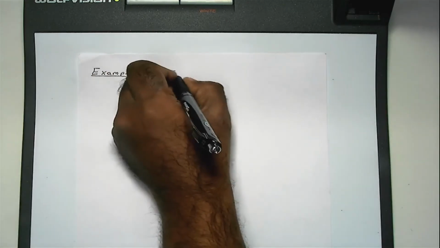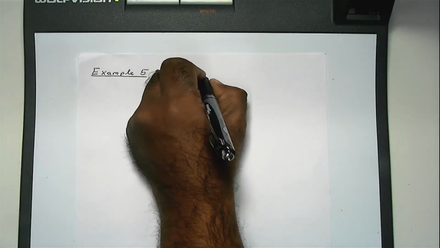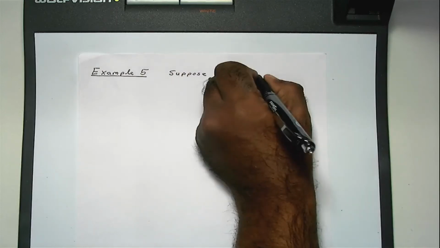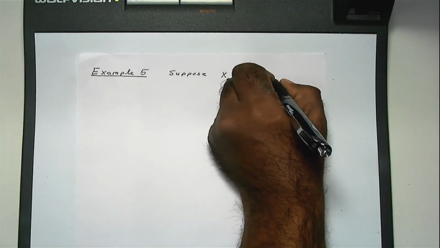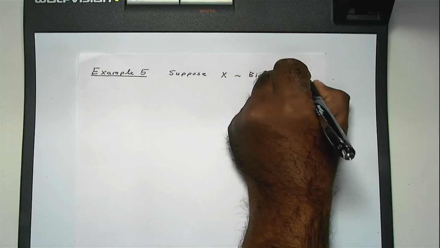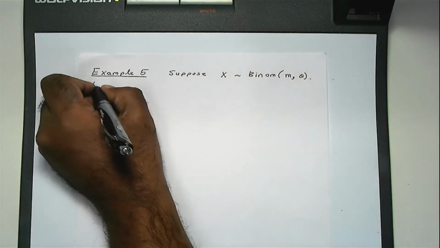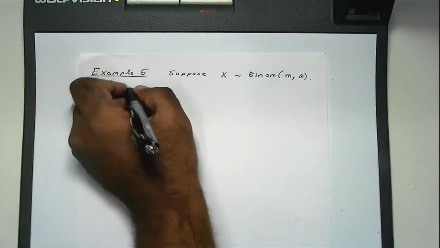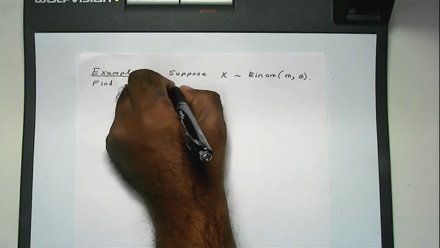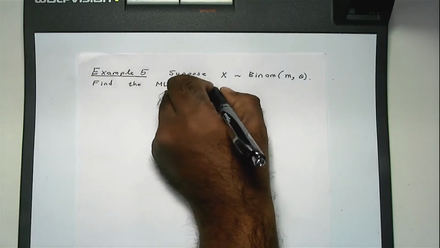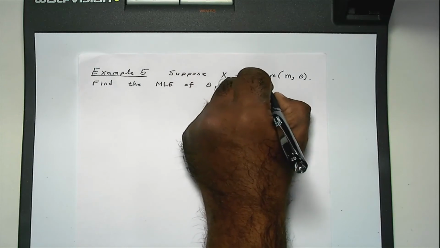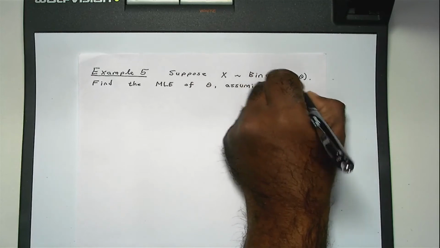Suppose you have a variable x which has the binomial distribution with parameters m and theta, and the question is to find the MLE of theta, assuming m is known.